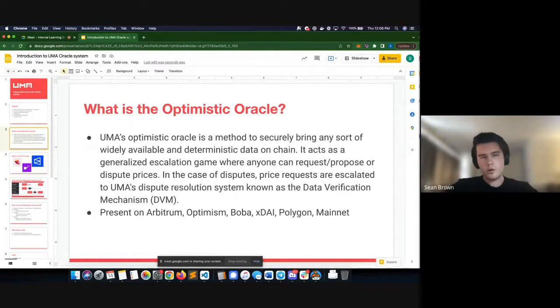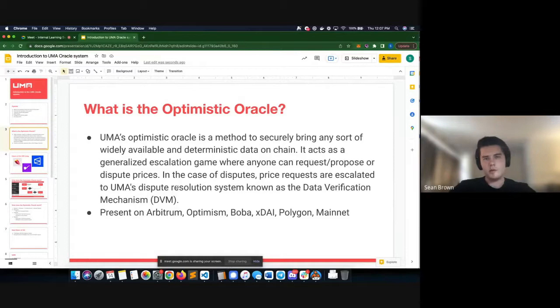There's an oracle problem in blockchain where it's a challenge to bring off-chain data on chain, and there's questions around who has the authorization to do that, and how do you do that securely, because contracts on Ethereum are self-executing, and once you bring that data on chain, things will happen, and it's important that it's done in a truthful manner.